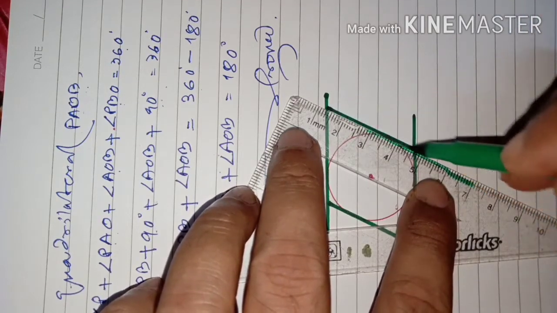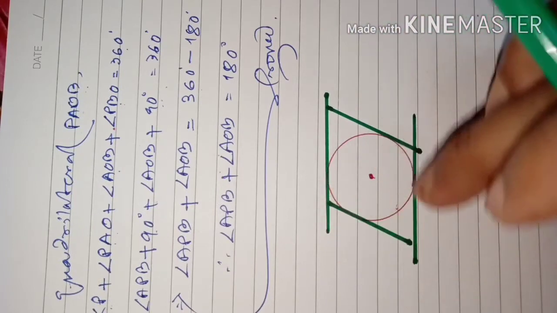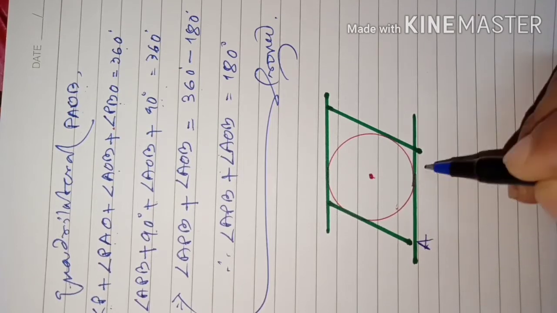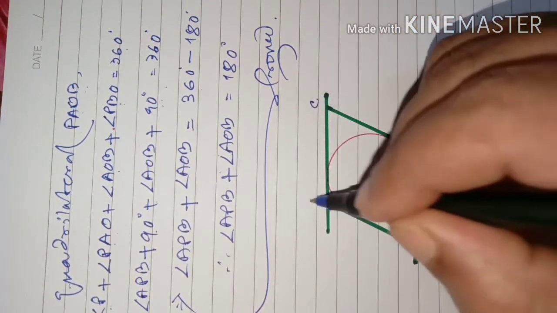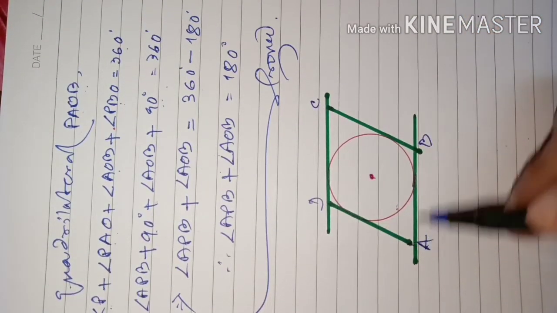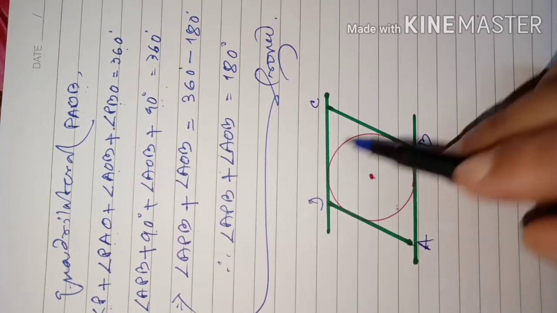When we say the circle is circumscribed by the parallelogram, we mean that all the sides of the parallelogram touch the circle. That means every side of this parallelogram ABCD has become a tangent for this circle.